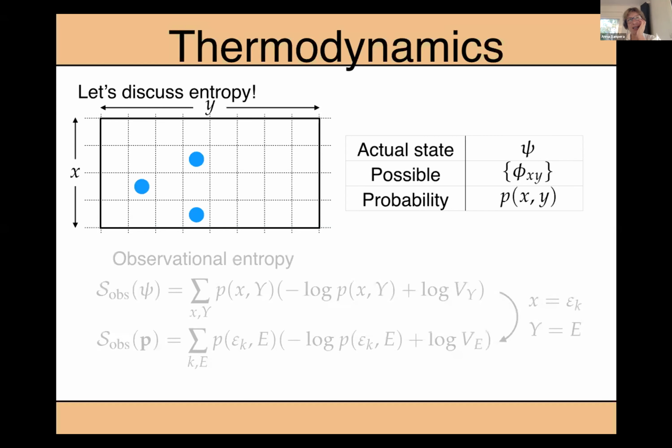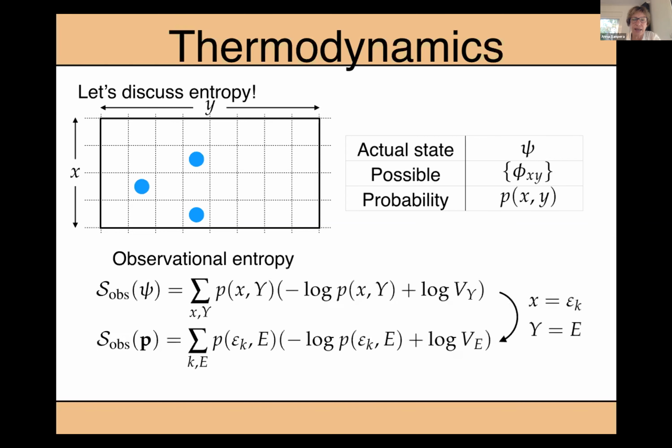It is the entropy that I really have access to, that I can look at, okay? Because obviously I cannot see all the microstates within one of the configurations, but I have access to that. So the observational entropy is defined like the probability divided by the volume.